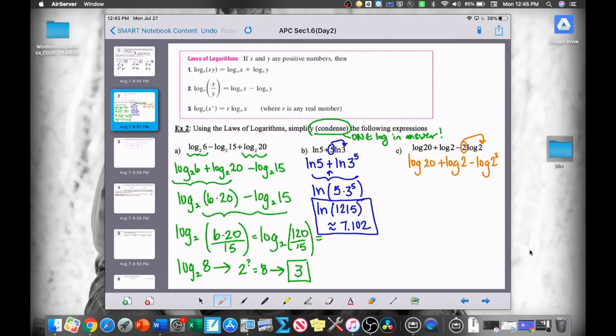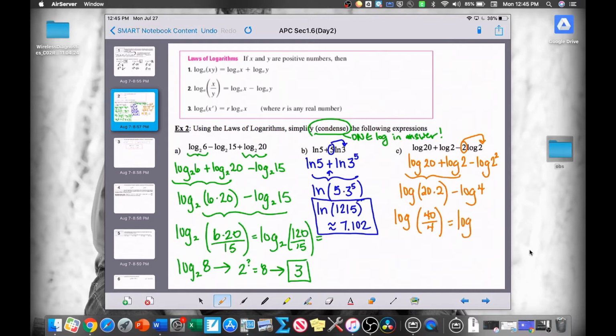And then I can do some simplifying. These two combine into multiplication inside the log. So I have log of 20 times 2 minus log, and I can rewrite 2 squared as 4. Now when I condense again, 20 times 2 is 40, divided by 4.